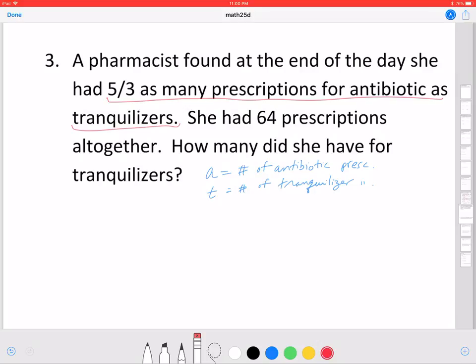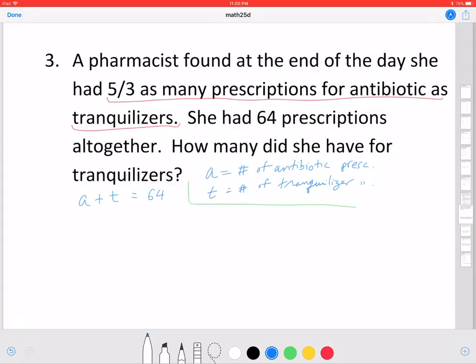Also she had 64 total prescriptions. So similar to the previous example with baseball, what we'll have is A plus T should equal 64 total prescription. All right, that's our first equation. And the second one is really the main body, the 5/3 as many prescriptions for antibiotics as tranquilizer.